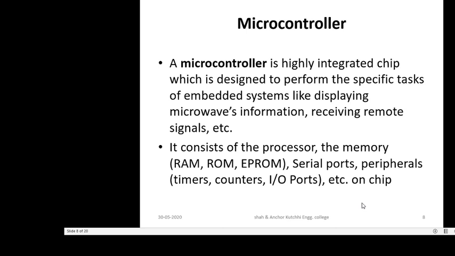It has its own input-output ports, timers, counters and serial ports on a single chip. So many things are available on a single chip. That's why the microcontroller is called a highly integrated chip.